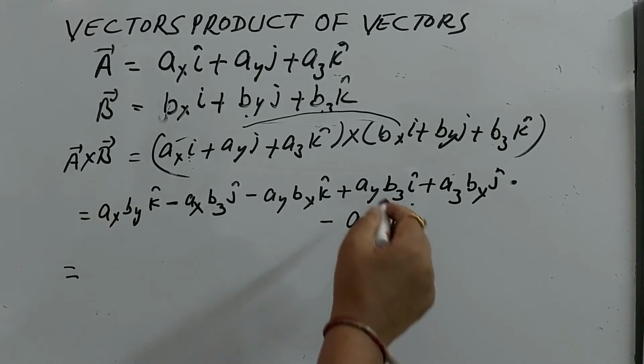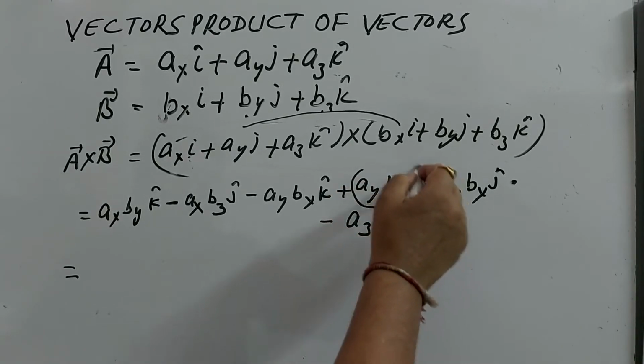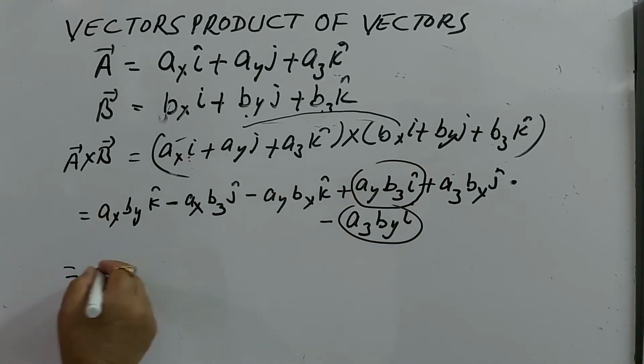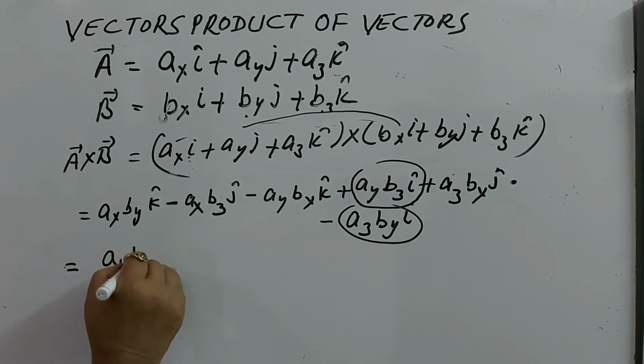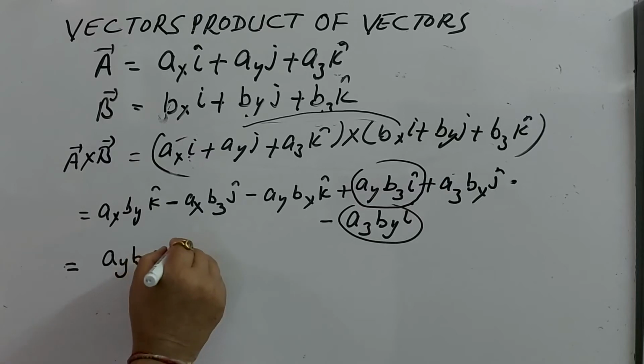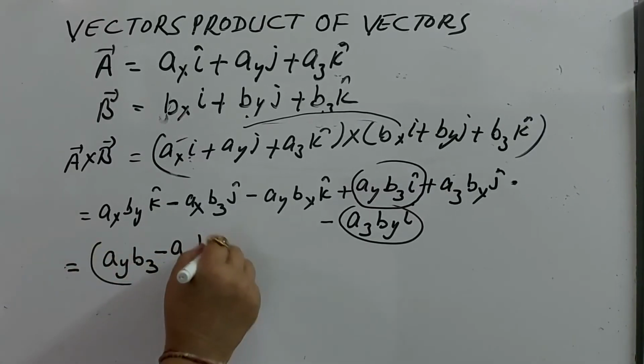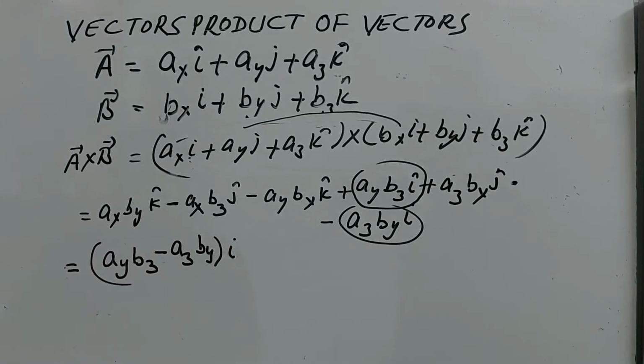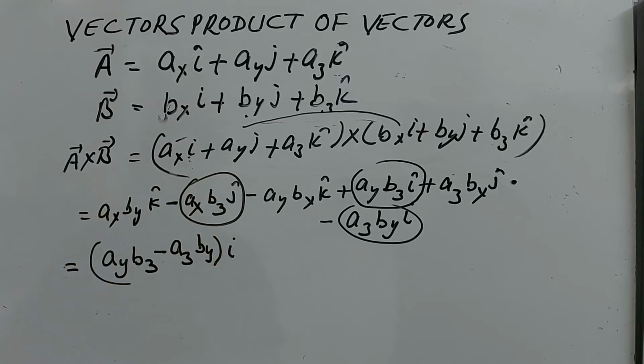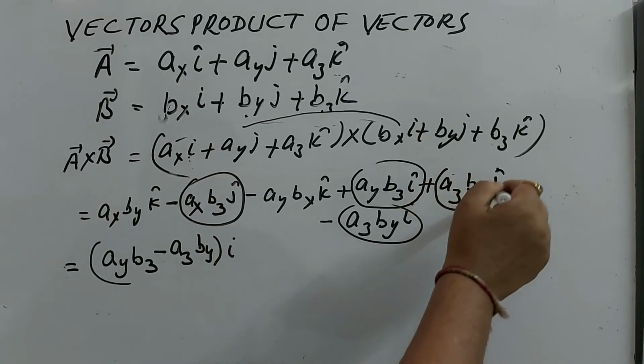Now this is having i and this is also having i. So we can write ay bz minus az by, and this is i cap. And second, this is containing j cap and this is also containing j cap.